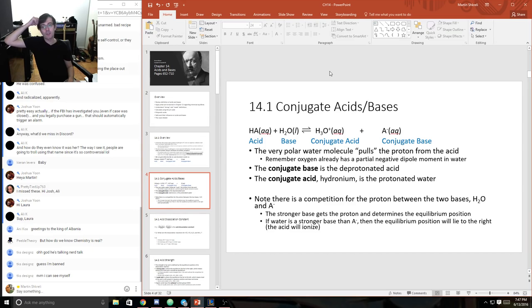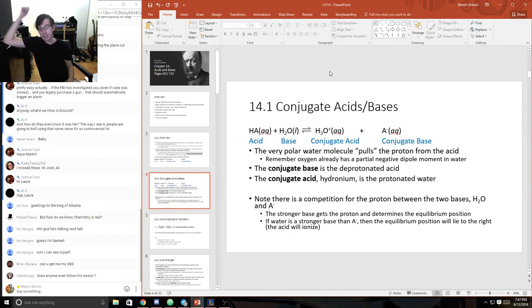The conjugate acid is a protonated water. So it's been protonated, a proton has been added to it. And this word protonated will come up again and again and again. And in medicinal chemistry, organic chemistry, when we talk about protonated species, this is going to be really important in drug development, which is why we're talking about this in the first place.